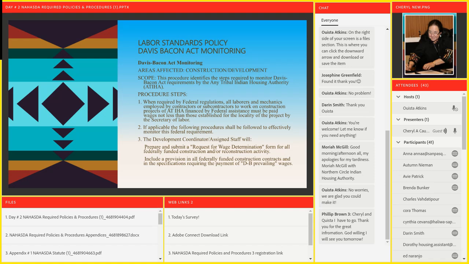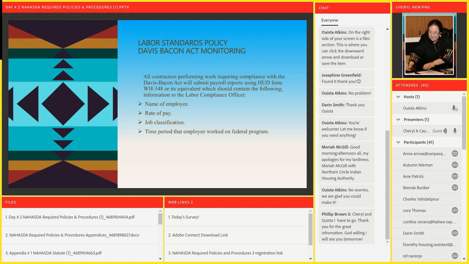Include a provision in all federally funded construction contracts in the specifications requiring the payment of Davis-Bacon, your prevailing wage rates. All contractors performing work requiring compliance with Davis-Bacon Act will submit payroll reports using a HUD form WH-347 or its equivalent, which should contain the following.